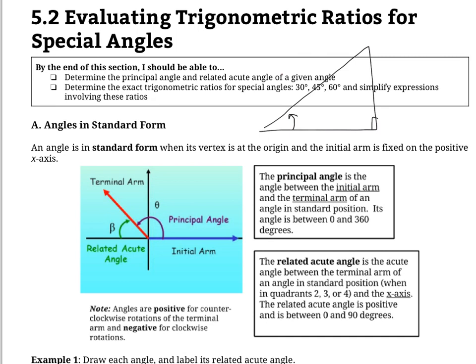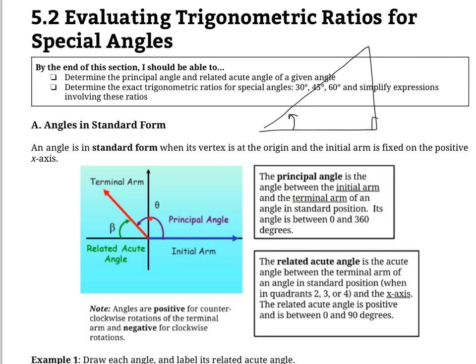A principal angle is the angle between the initial arm and the terminal arm. I said that all angles are going to start on the positive x-axis. So here's the initial arm, and this initial arm is opening up counterclockwise to whatever point we want to stop at. In this picture, it stops right here.